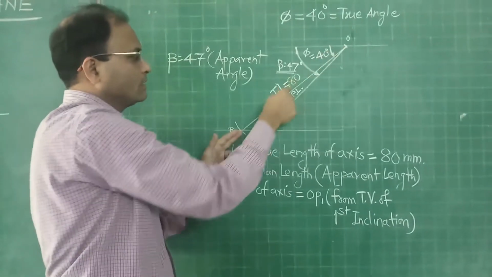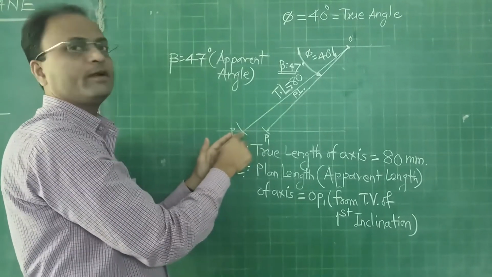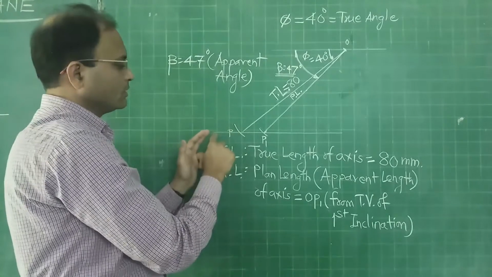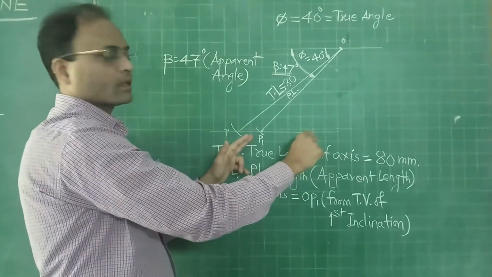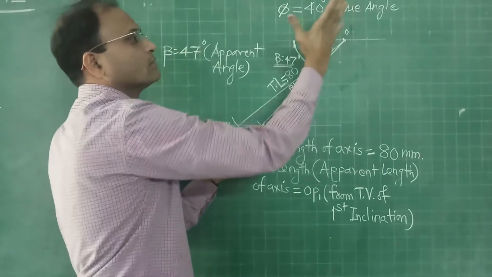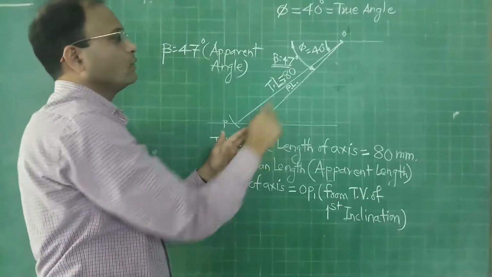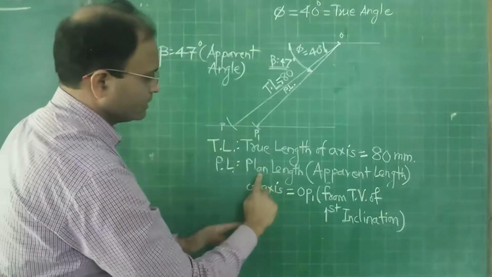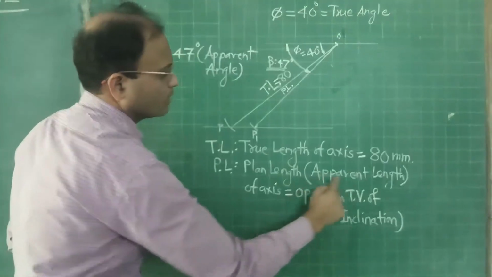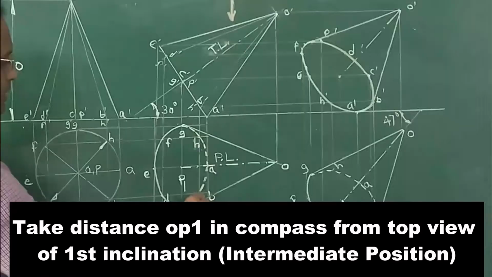So along this line we mark 80 mm and we get say point P. Through P draw one horizontal line. Now along this horizontal line, again keeping the compass pointer at O and taking distance OP1, where OP1 is the plan length or apparent length of the axis from the top view of the first inclination.